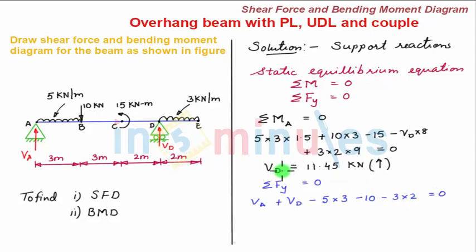Now on substituting the value of VD equal to 11.45 kilonewton in this equation, we get the value of VA equal to 19.55 kilonewton. Since it is also positive, our direction is the same as the assumed direction, that is upward. Now let us write the values of VA and VD in this loading diagram so that it will be helpful while calculating the shear force and bending moment. VA is equal to 19.55 kilonewton and VD is equal to 11.45 kilonewton.